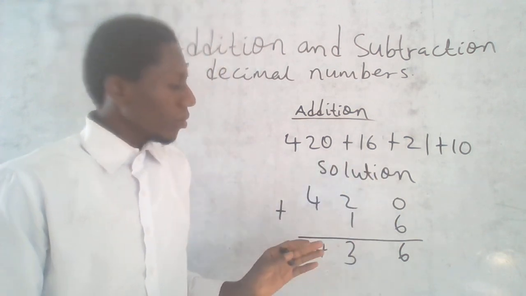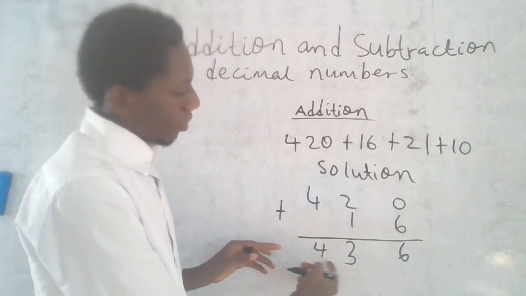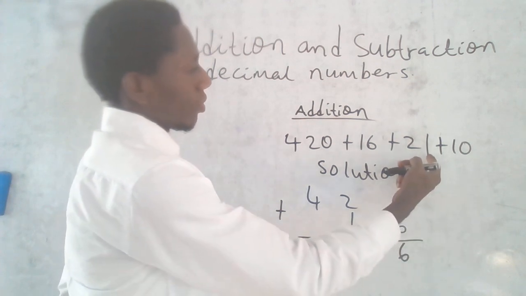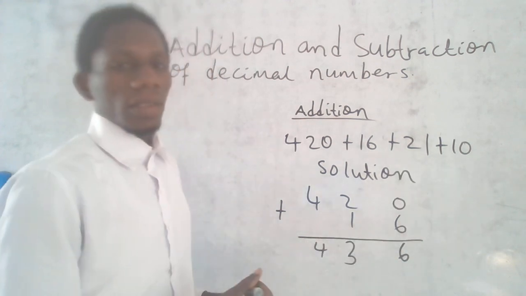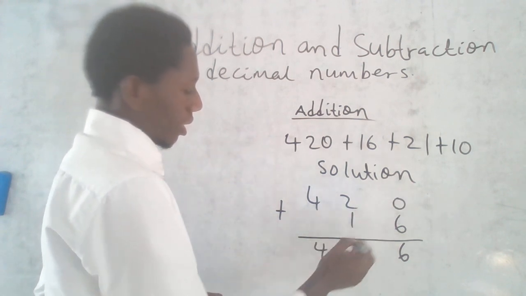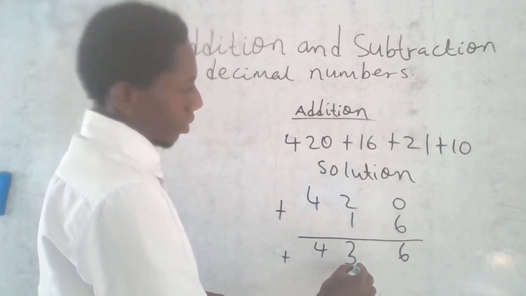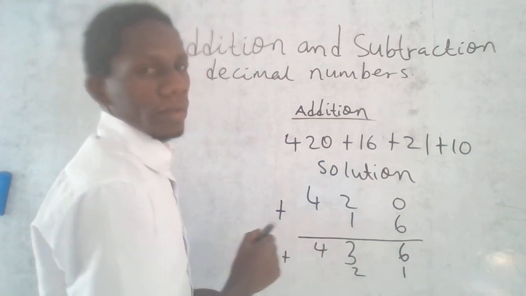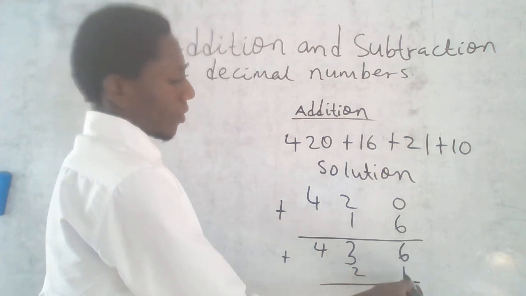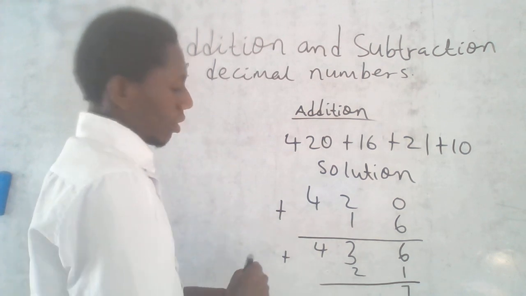Now, what is left for you is to add 430 plus 21. So let's see how this one goes.